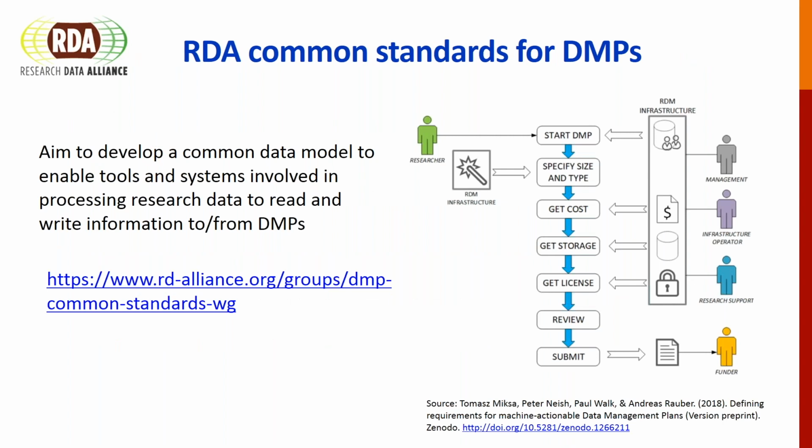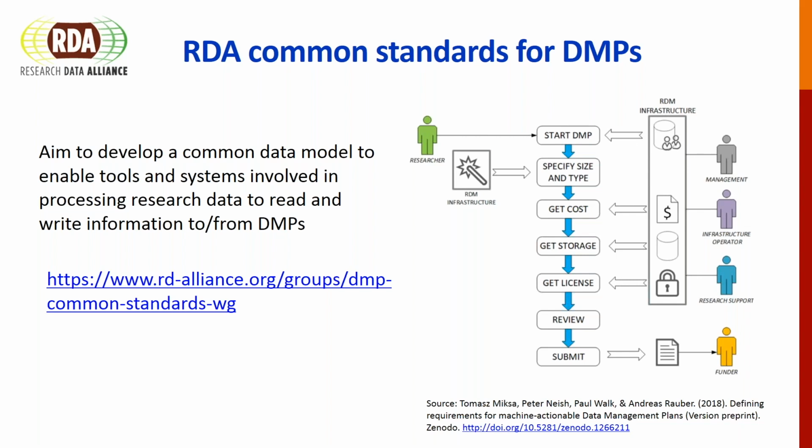We've done some initial requirements gathering around this work, and off the back of that, we've set up a working group in the Research Data Alliance around developing common standards for data management plans. Their aim is to develop a common data model to enable that information exchange between different systems. They've started to map out the different workflows as well.